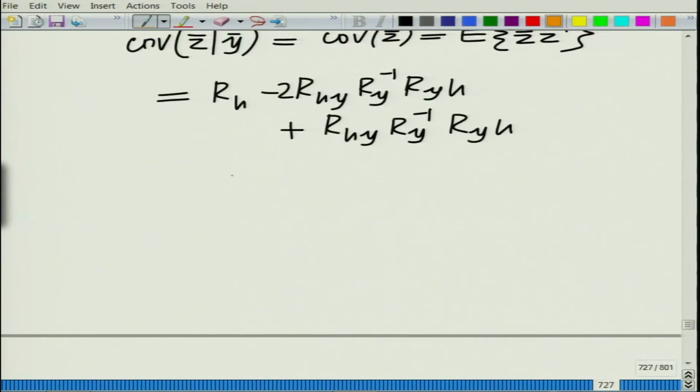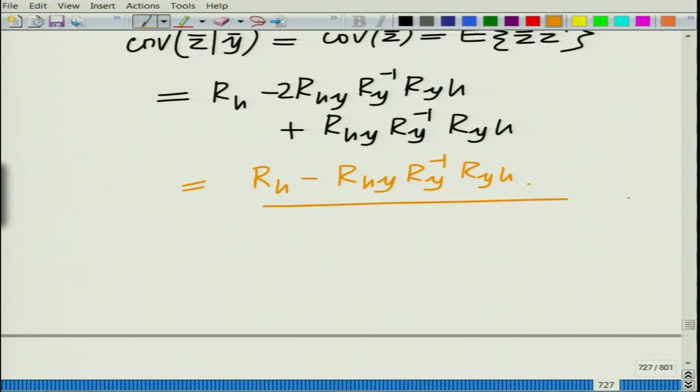Now if you simplify this, you get R_h minus R_hy R_y inverse R_yh. So, this is the covariance of z bar given y bar, which is very interesting, or which is essentially also the covariance of z bar.